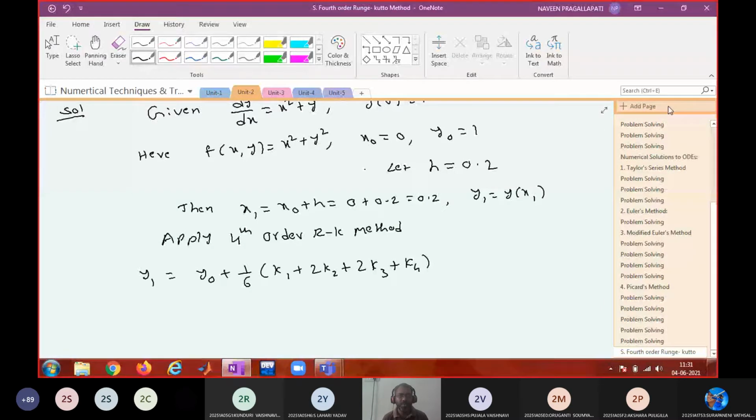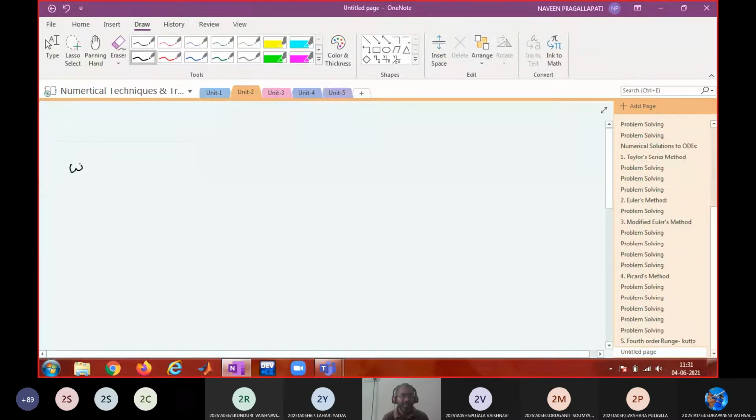Yes, sir. So k1 is equal to h into f of x naught, y naught. Write down the formula for f of x naught, y naught and then substitute the values: h into x naught square plus y naught square.